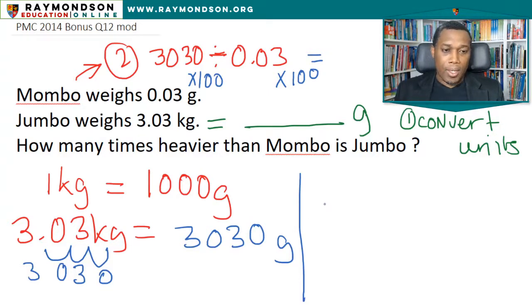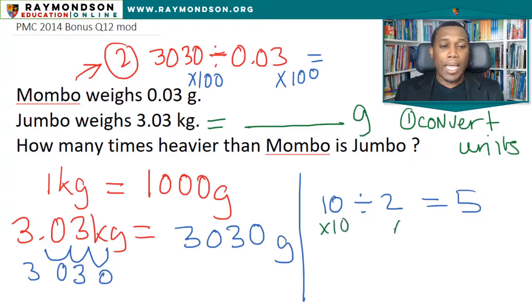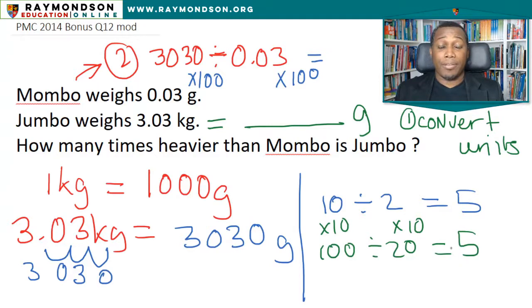Because look at this. If I have 10 divided by 2, the answer is equal to 5. If I multiply both of them by 10, I now have 100 divided by 20. The answer is still 5. So this strategy does not change the answer, but it does make the question easier to work out.